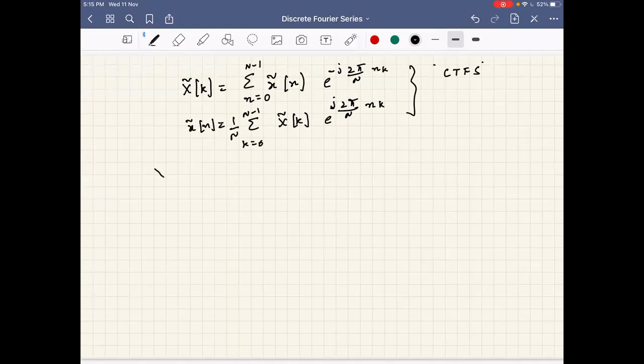We have also said we can relate this to the discrete time Fourier transform, such that the coefficients of the discrete Fourier series at a given k can be related to sampled versions of the discrete time Fourier transform, where omega is 2 pi by N into k, right?